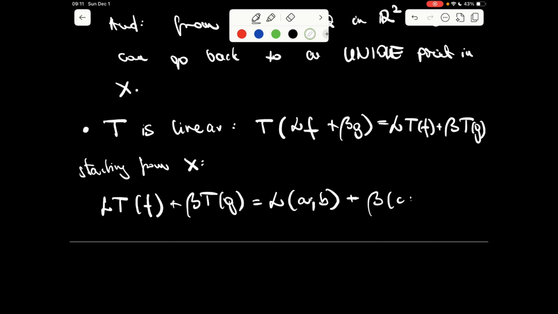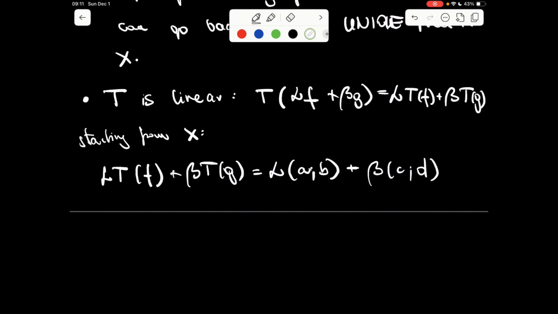Following mapping T, we have left function space X, and now we are in the Euclidean space. We have 2 points in the Euclidean space.